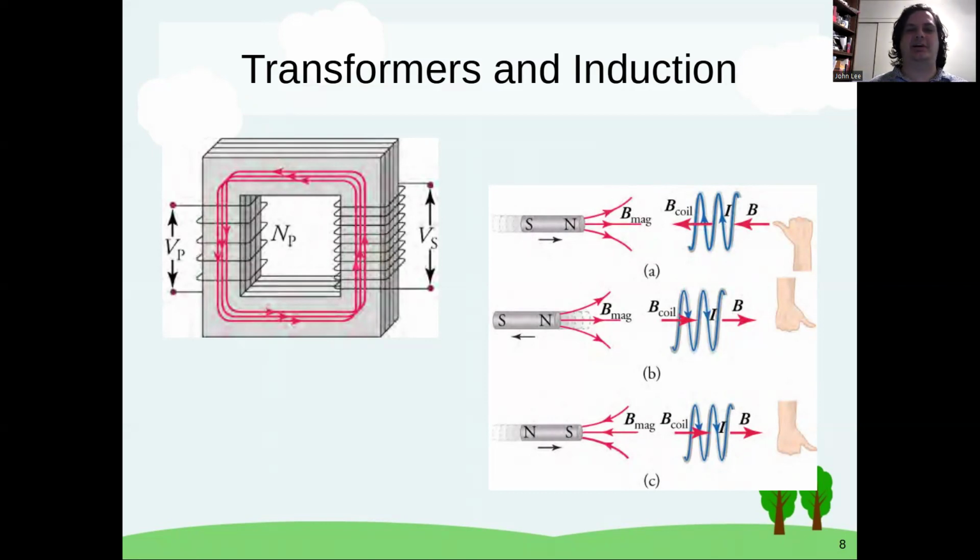But the induced current changes the voltage from the massive voltage in power lines that can kill you if you aren't careful, to the 120 volt AC voltage that goes through your computer.